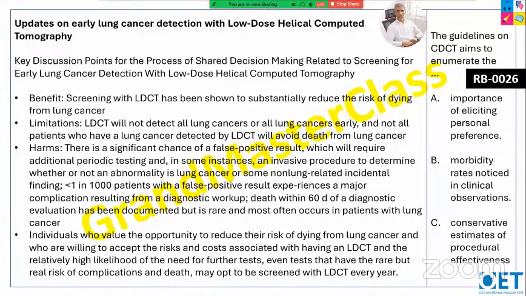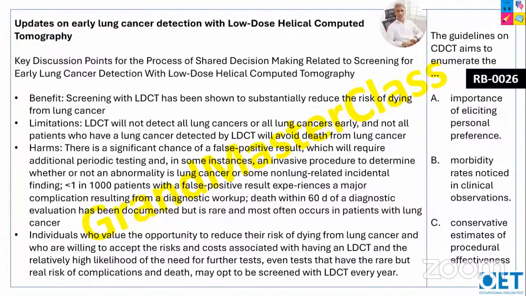Try to understand, that is the harm, which will require additional periodic testing, and in some instances an invasive procedure to determine whether or not an abnormality is lung cancer or some non-lung related incidental finding. You can see that in the last sentence.